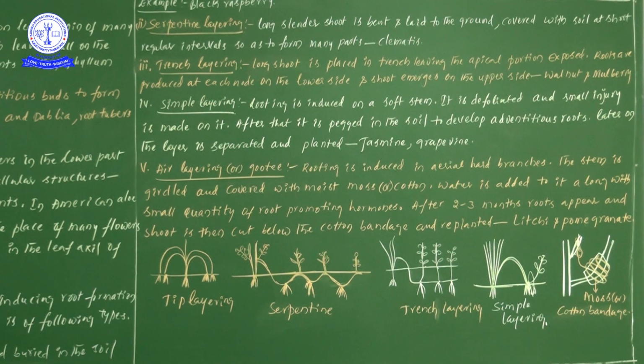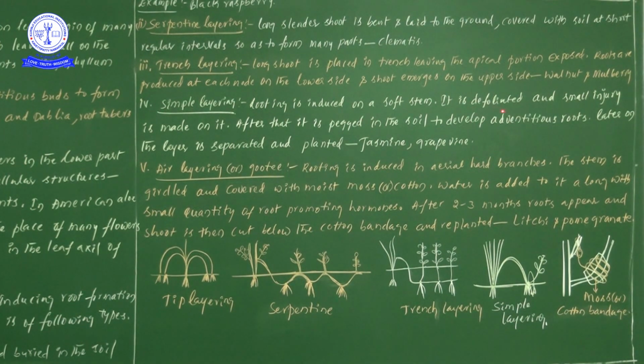Here, definitely we can induce roots on a soft stem. But first, the leaves present on that shoot stem, we remove. Which ones are we removing? Leaves. That's why we used the word defoliated.